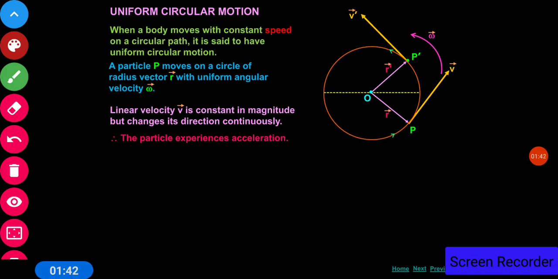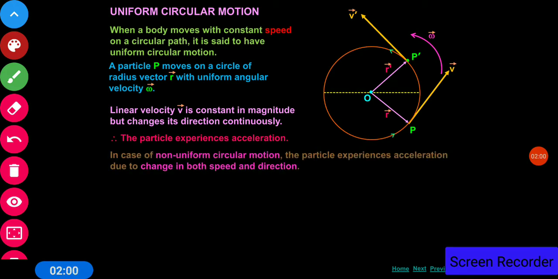Since the direction of the velocity is changing continuously, the velocity at point P and P dash will be different. So linear velocity v is constant in magnitude but it changes its direction continuously. Therefore, the particle experiences acceleration. In case of non-uniform circular motion, the particle experiences acceleration due to change in both speed and direction.